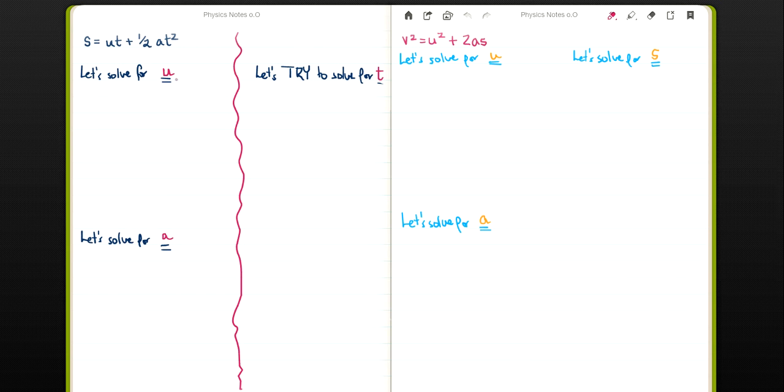Now we have s is equal to ut plus a half at squared, and we want to solve for u. This is much more difficult, but we can treat it just like the last one. We can treat these two as whole entities. Since we're looking for u, we can treat this as an entire entity on its own, because if this was a half times 10 times 2 squared, 2 times 2 is 4, you have 40, and 40 divided by 2 is 20.